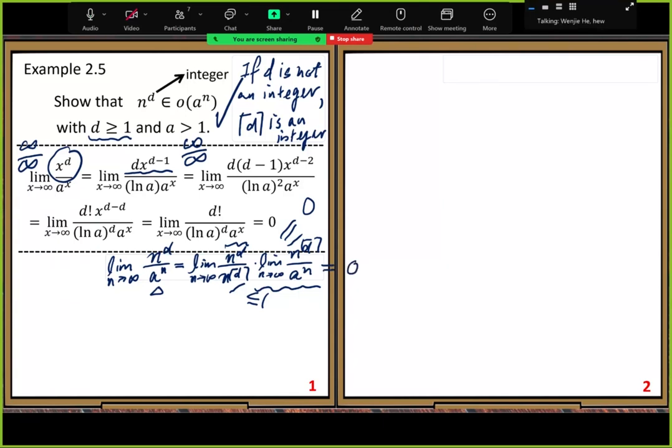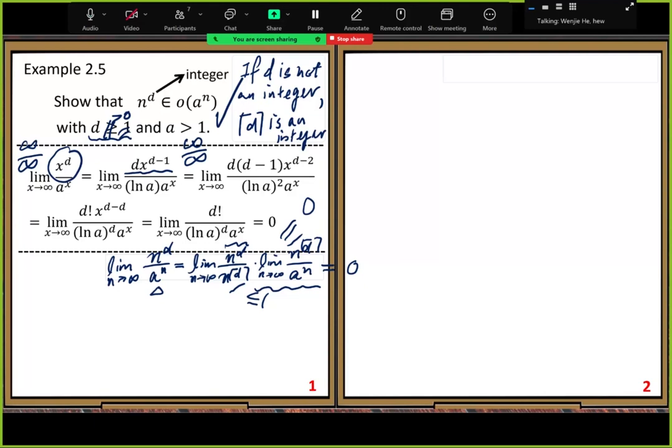So you can see, in this way, we complete the proof for the non-integer d case. That means we can apply it to non-integer d. So this condition actually we should change to greater than 0.